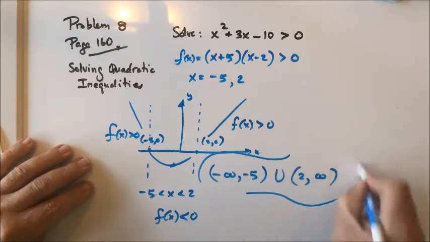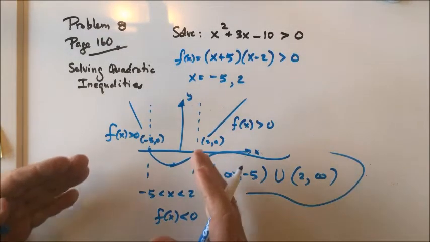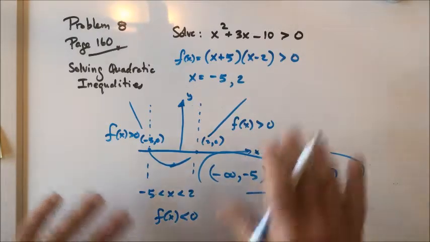And so without carrying the algebra any further, all we've really done is find the roots and then appeal to the graph of the function to write down the solution to the inequality.